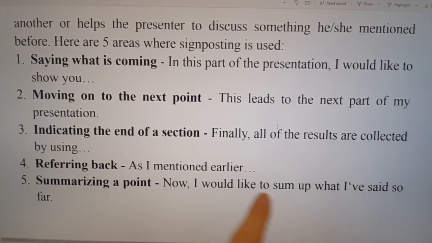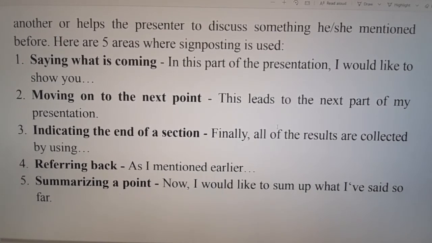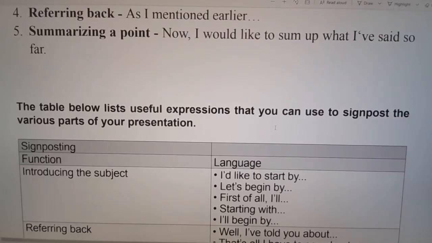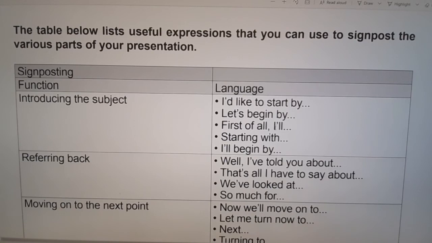Now, I would like to sum up what I've said so far, okay? If you go down here, on the next page, I have a table. I didn't make it, I stole it basically from, I don't even remember where, but I just copied and pasted it because it was so good, okay.